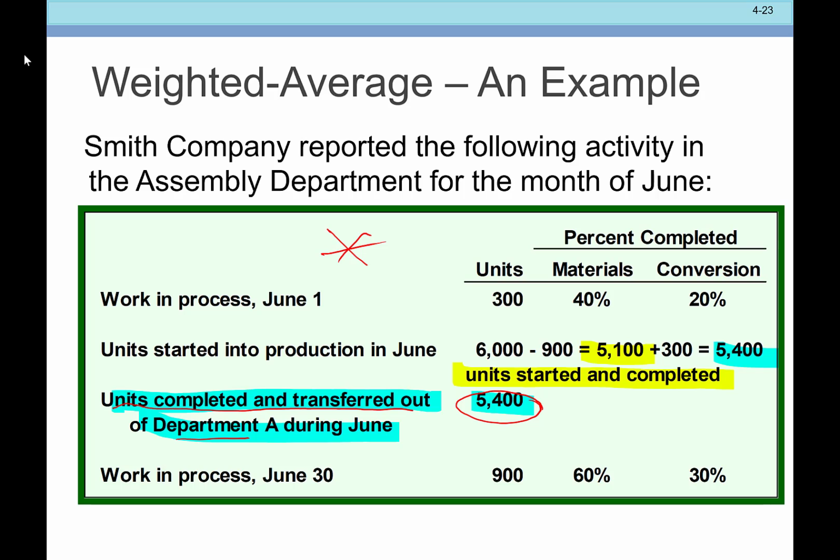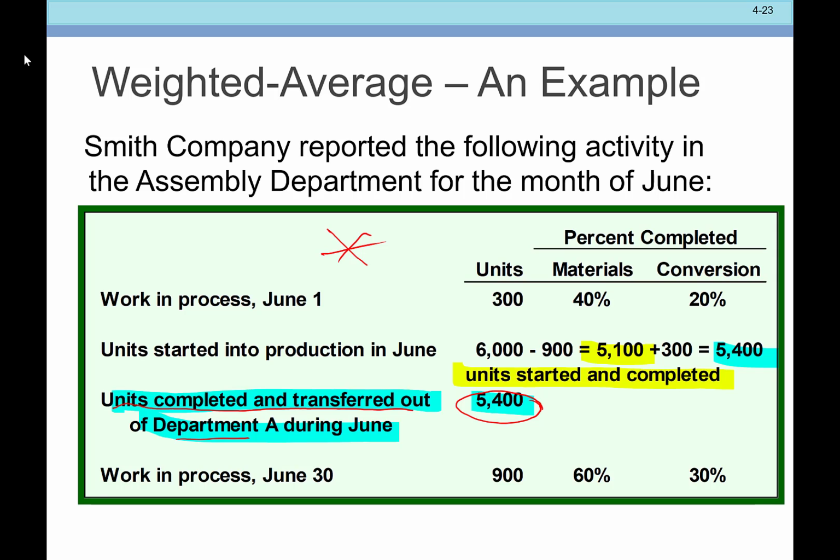Some problems don't give that to you. Some problems will say there were 6,000 units started, and it's up to you to figure out the units started and completed. Therefore, it would be the units that I started minus the units that are in ending inventory. That means that I would have started and completed 5,100. So some problems give you that 5,100. They'll just say the units started and completed. That's an easier problem because you simply take that number plus your beginning inventory units to get your units completed.